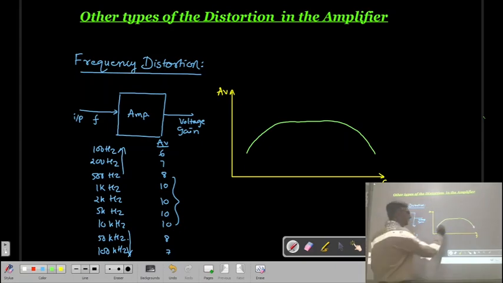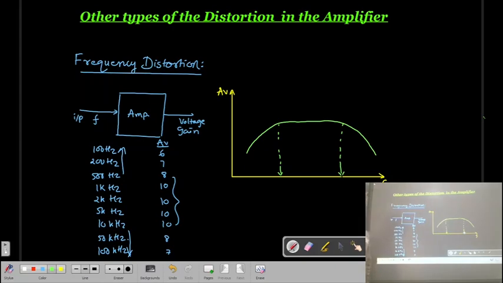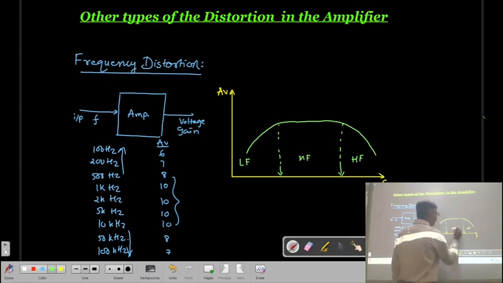You will find that between these two points, the gain of the amplifier is almost constant. Here we have the low frequency range, here the high frequency range, and this is known as the mid frequency range.